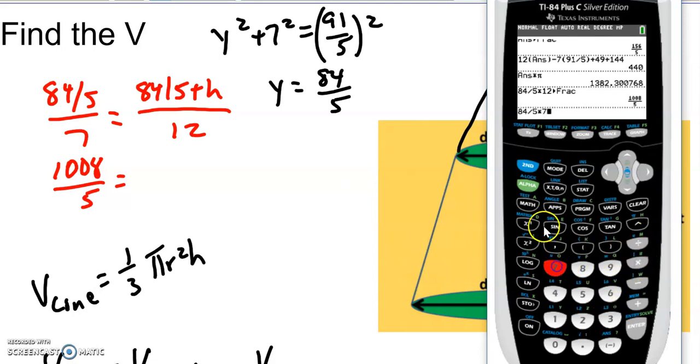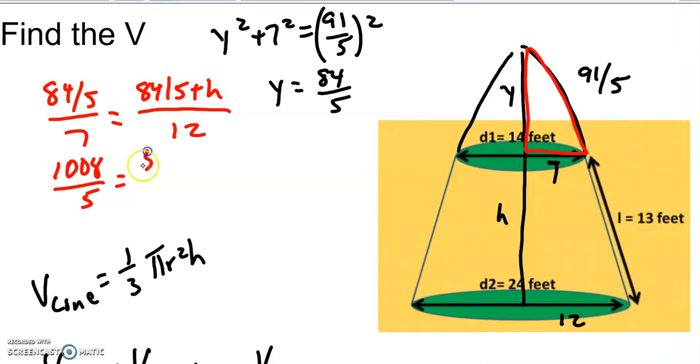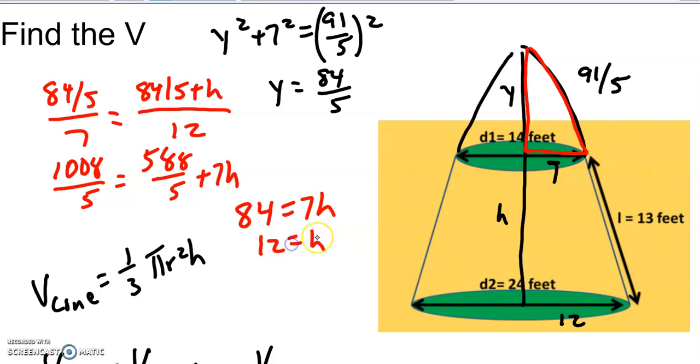And again, I'm going to leave that as a fraction. That one's going to be 588 over 5 plus 7h. Subtract. And again, that's just a little bit more calculator work, and it happens to work out fairly nicely. You get 84. Divide by 7, and look at this. We get, again, a nice, neat number here.